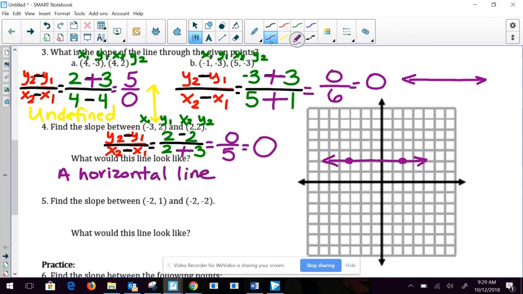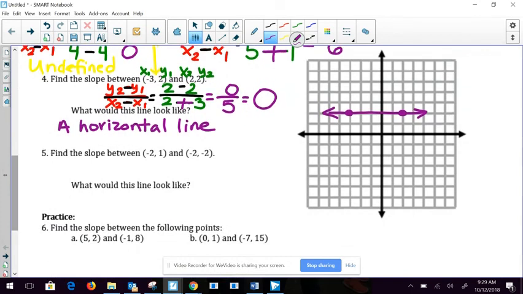And finally, let's go ahead and look at number 5 and what that looks like on a graph. So hit pause. I want you to write down your formula and then do the substitution.